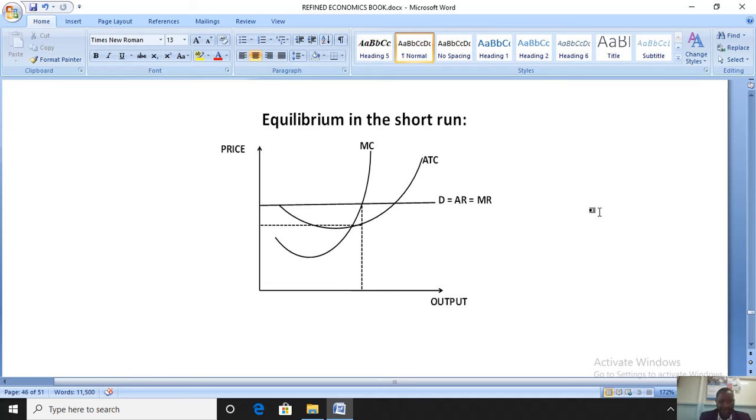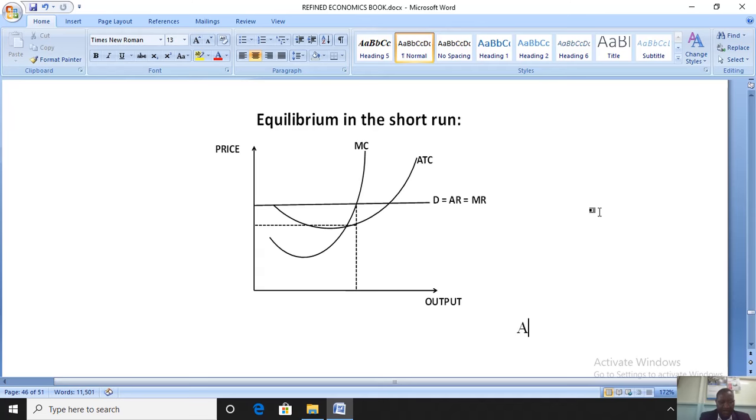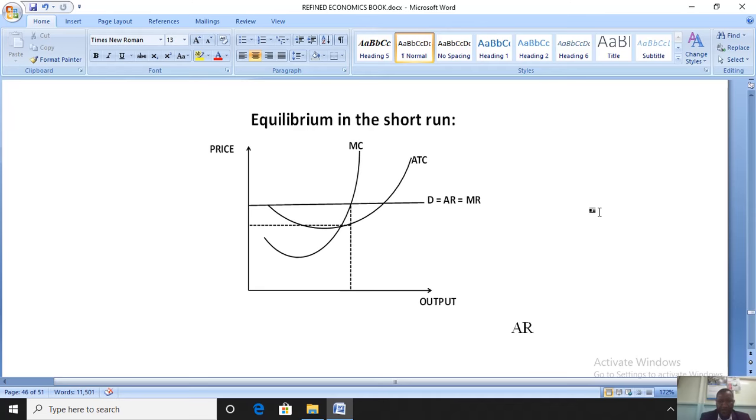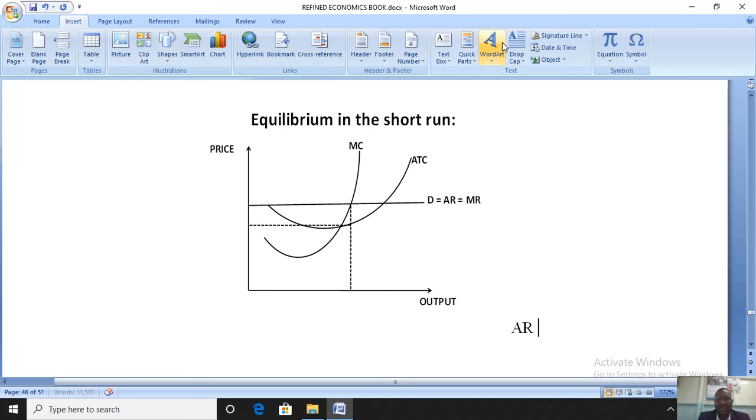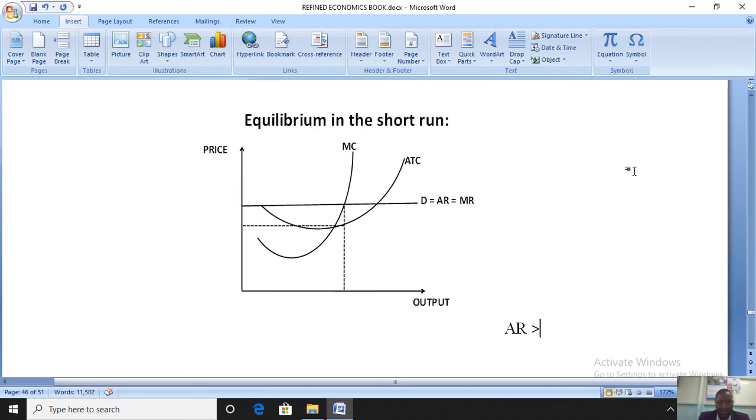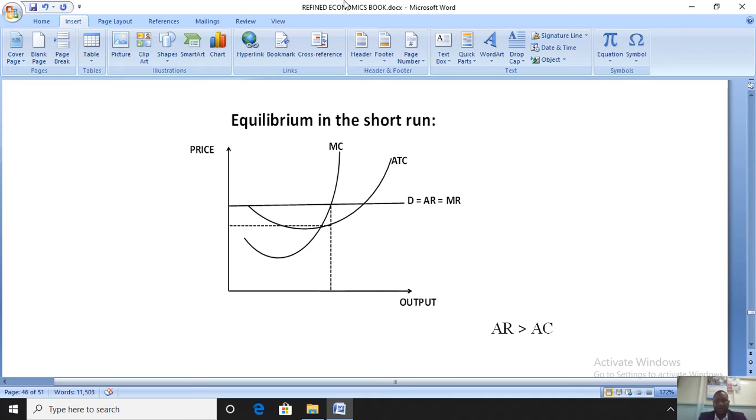So average revenue greater than average cost.